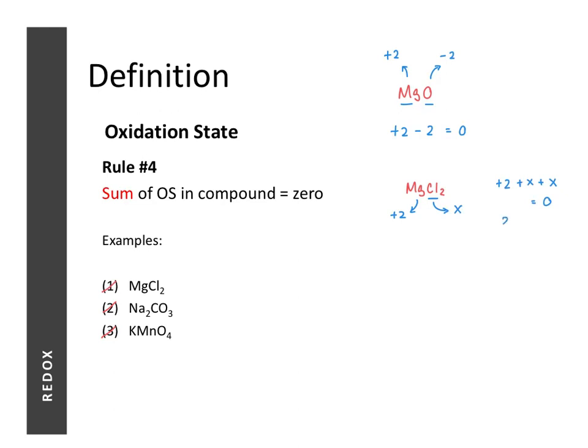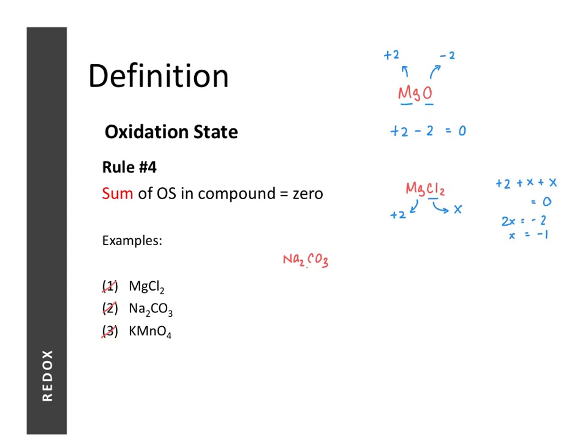If we solve for X, 2X equals -2, X equals -1. So what does that tell us? It tells us that chlorine in magnesium chloride has an oxidation state of -1. Okay, let's look at another example. Sodium carbonate.